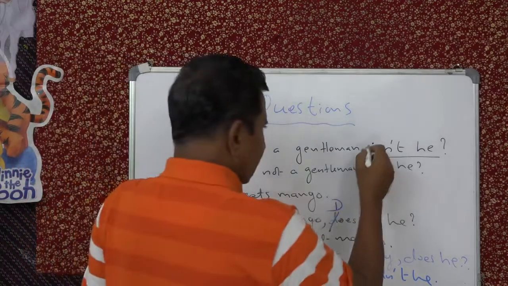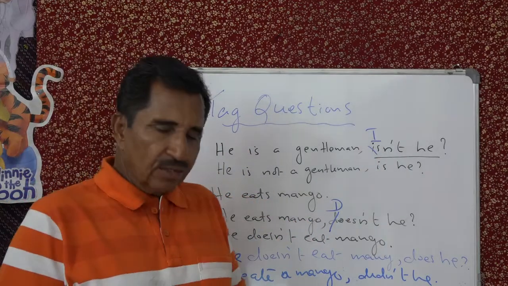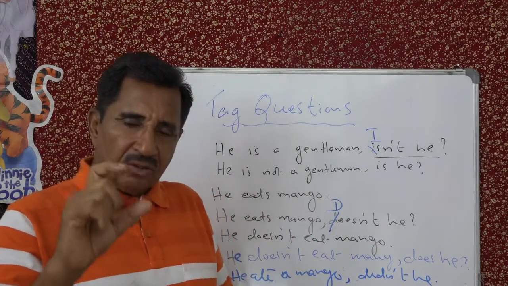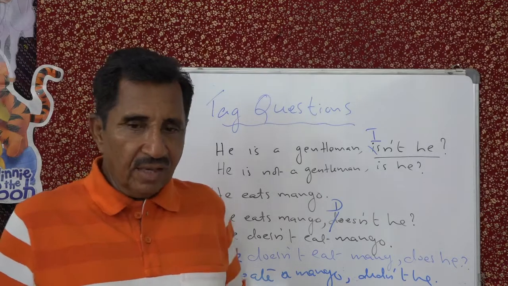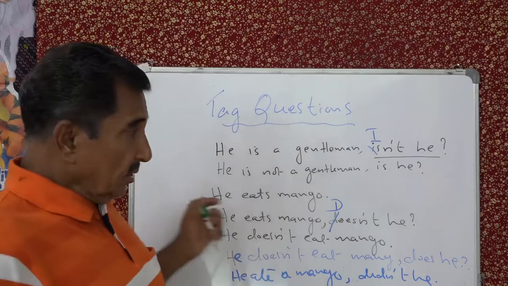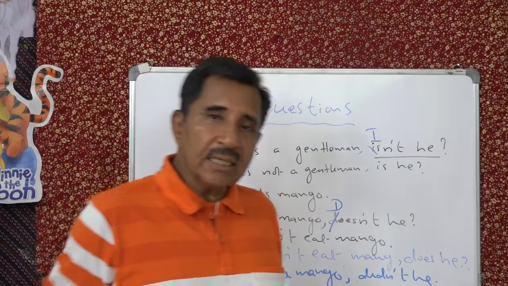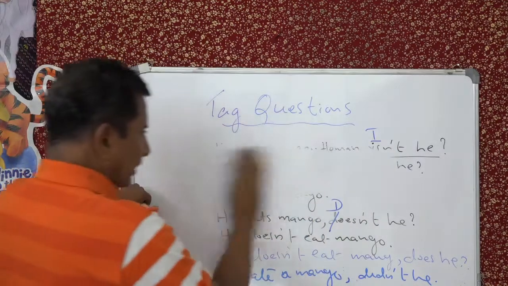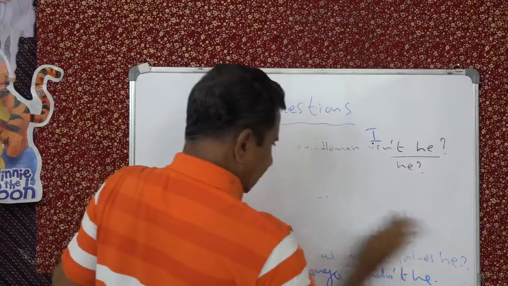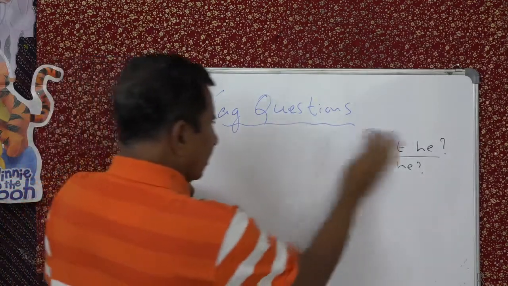So you should start the tag with small letters, and the auxiliaries repeat. Other verbs use do, does and did. And the subject is repeated. Subject of the main sentence is repeated in the tag. Is that clear to you?